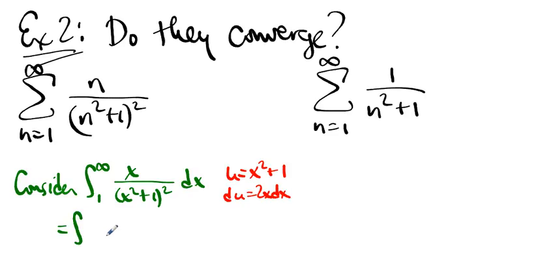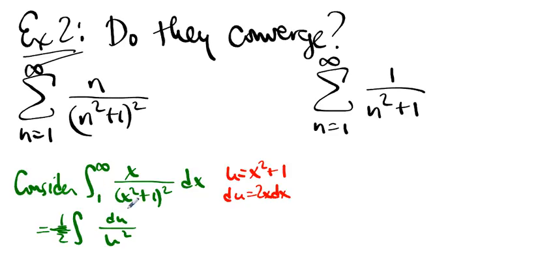This is the integral of, let's see, x dx is du over 2. Suck the over 2 right out of there. And this is u squared. So from where to where?